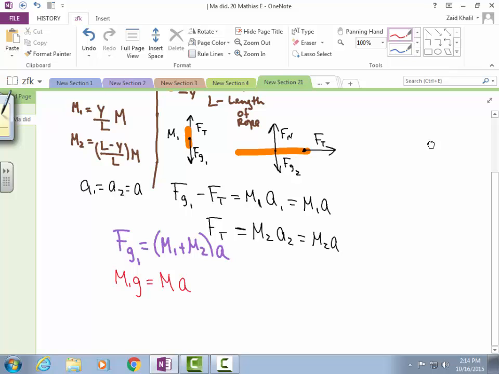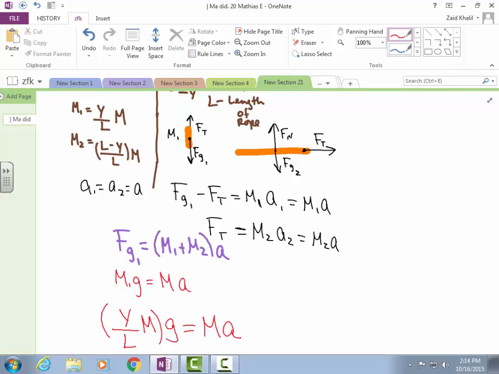What's M1? Y over L times big M times G equals big M times A. Yes? Think about how we actually constructed this thing. What does big M represent? That's right. What is M1 plus M2?